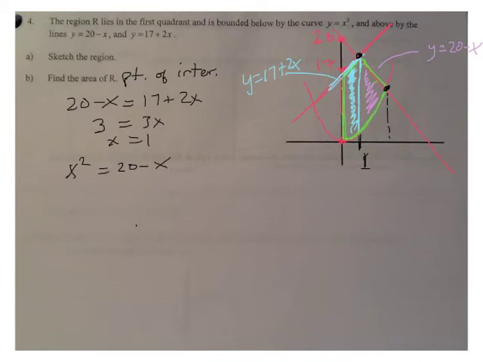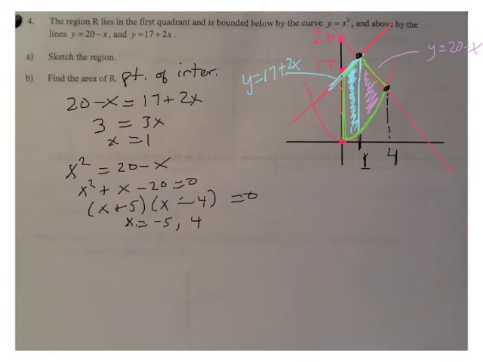So this is a quadratic, so for a quadratic I have to get everything set equal to 0. It's often advantageous to have the x squared positive. I can factor. So x is negative 5 or 4. In our case, what we're working with is the 4.